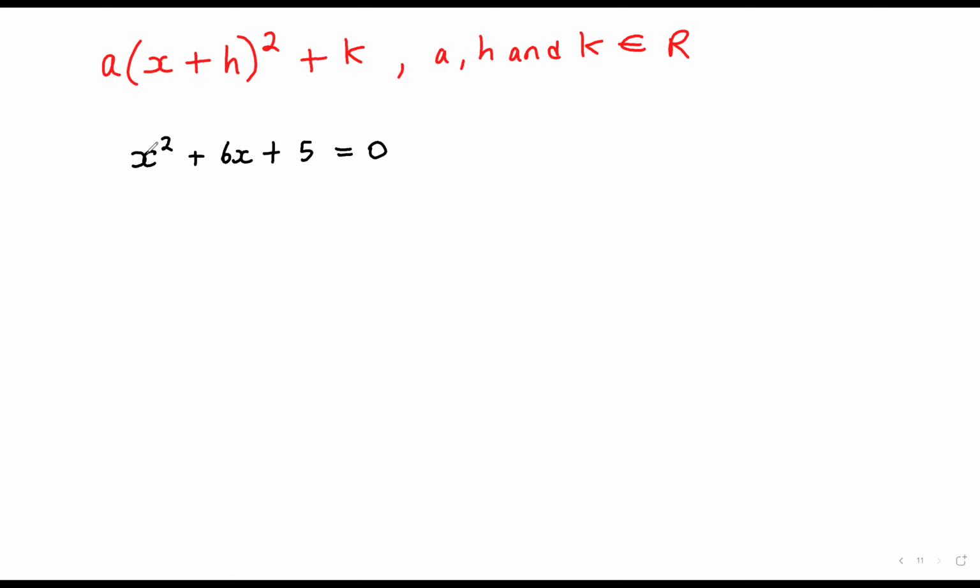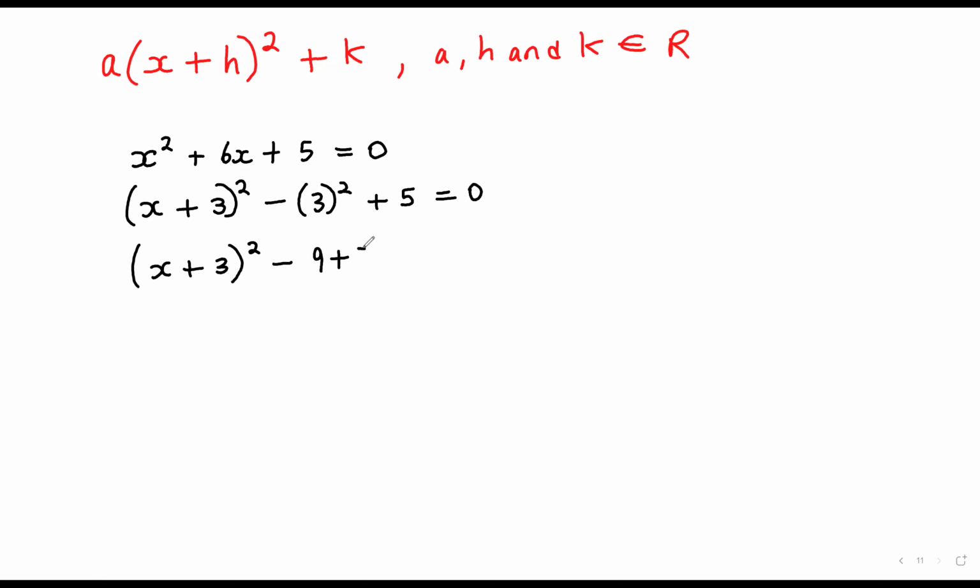The first step is you take half of the coefficient of x, so half of 6, which is 3, all to be squared. You minus that same 3 all to be squared, and then you add back this 5 here, right? So then simplifying this would give me x plus 3 all to be squared. Now this will be minus 9 plus 5 is equal to 0.